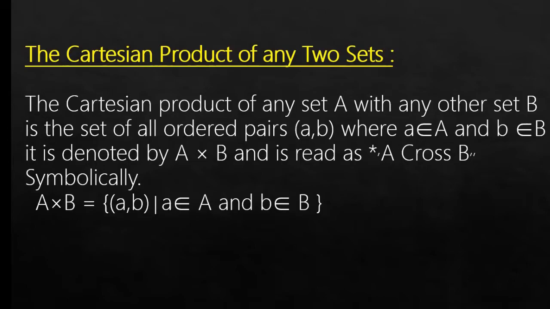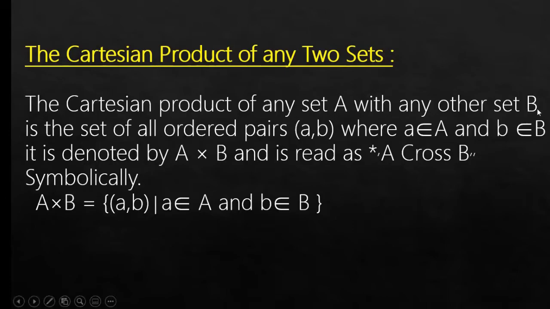That number of ordered pairs lined up together in braces would be termed the Cartesian product of these sets. Let it be clarified furthermore in the next slides.